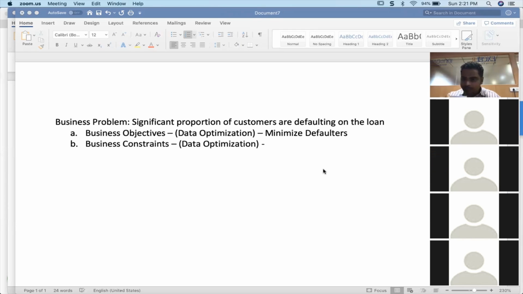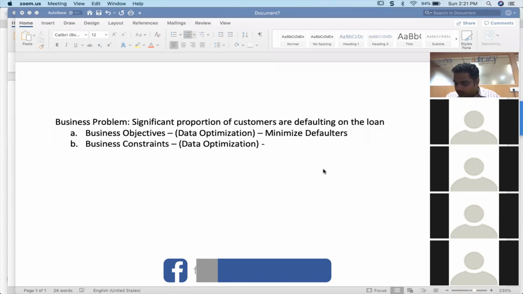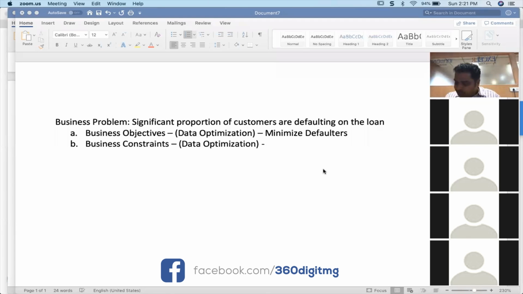Logistic regression. Sorry, Vinod? Logistic regression. Absolutely, it is logistic regression. Now, what does your logistic regression give you as end result? Would it tell you that a person will default or not default, or would it give you probability values? It will give you probability values.